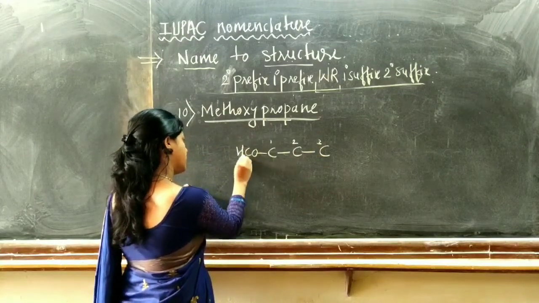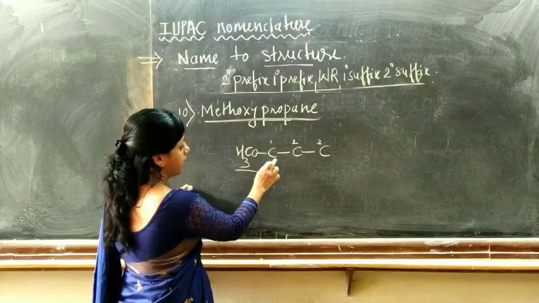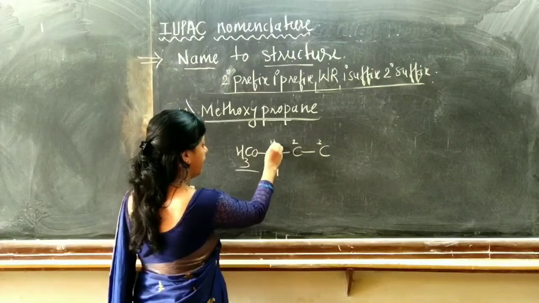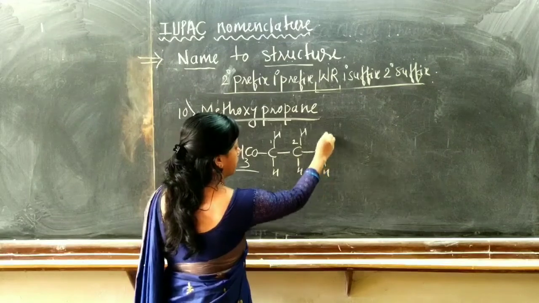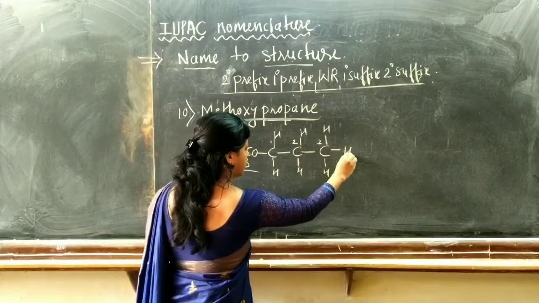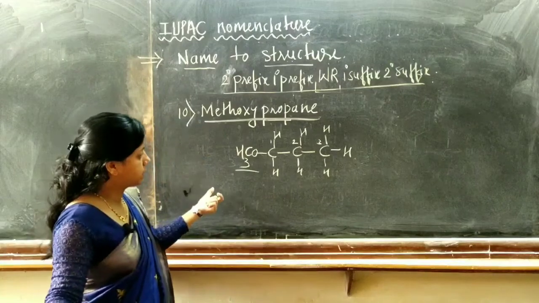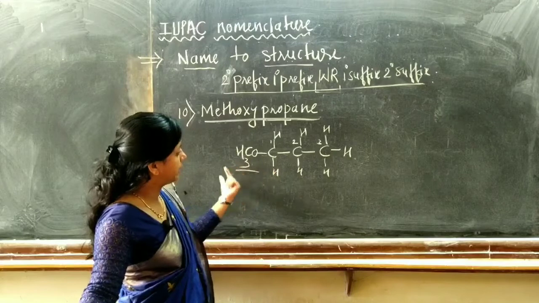So this is the methoxy OCH3 group, and this is attached to the first carbon of propane. Remaining, we have to write hydrogens. So this is methoxypropane. The common name of this is methyl propyl ether.